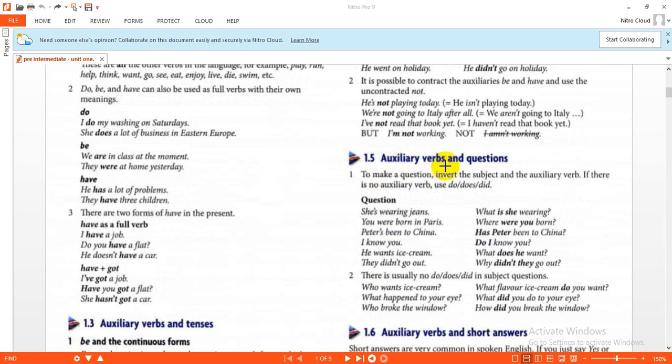1.5 Auxiliary verbs and question. To make a question, invert the subject and the auxiliary verb. If there is no auxiliary verb, use do, does, did. عندما نريد أن نكون الأسئلة auxiliary verbs and question.